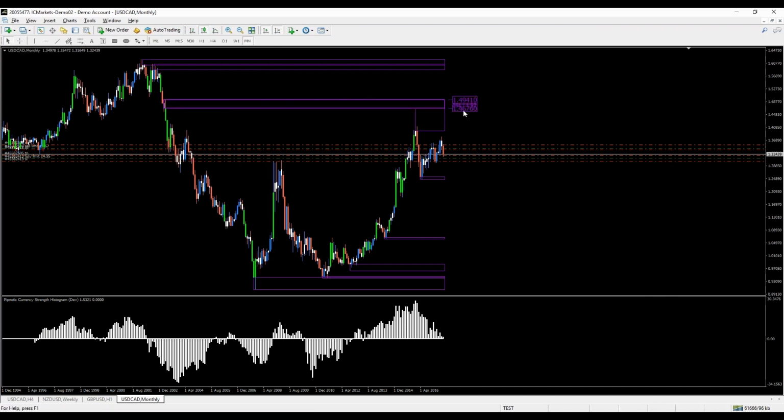This is a monthly level, only 264 pips, and look what it did. This is a really nice parent supply, and this is supply. Why? Because it was strong enough to consume opposing demand.